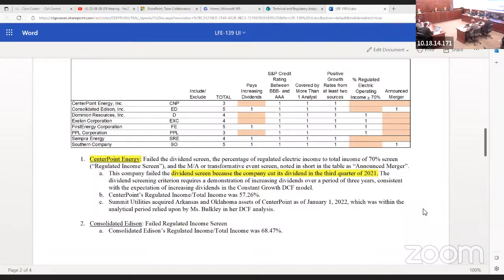And so these things are very important to be considering when you're trying to establish a proxy group of comparable companies, because the investor required return for those companies, the willingness to invest in these companies, first of all, changes based on these regulatory outcomes, and the ability to accurately capture the investor required return in the models changes significantly when a company is in a situation where a regulatory decision has put them at risk.